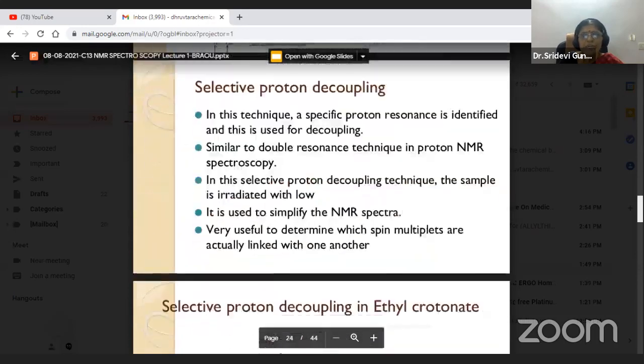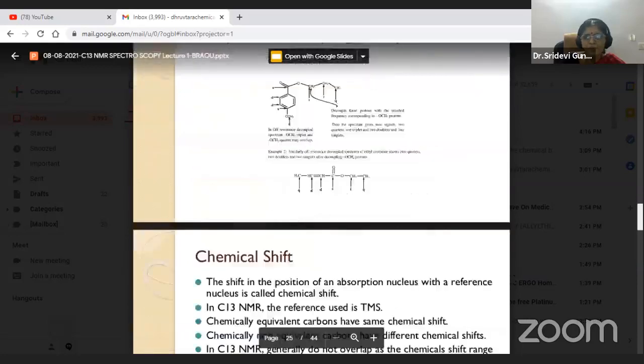And in selective proton decoupling, we are selecting a particular proton and using that specific proton frequency as decoupling frequency, so that that particular proton is decoupled and all other coupling information is retained. So that is selective proton decoupling.